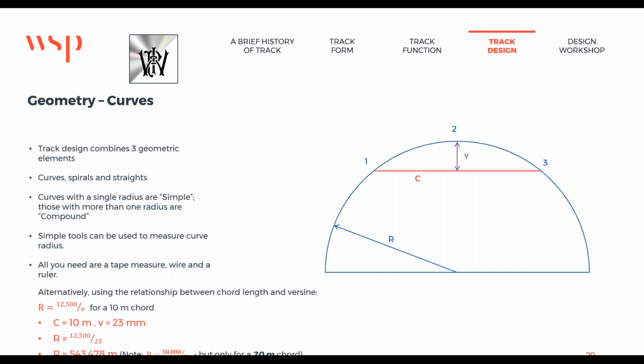Same answer, 543.478. But if you use a 20-meter chord, the equation is R equals 50,000, not 12,500, divided by V. And you can see there, because I've doubled the chord, I've multiplied that magic number by 4.